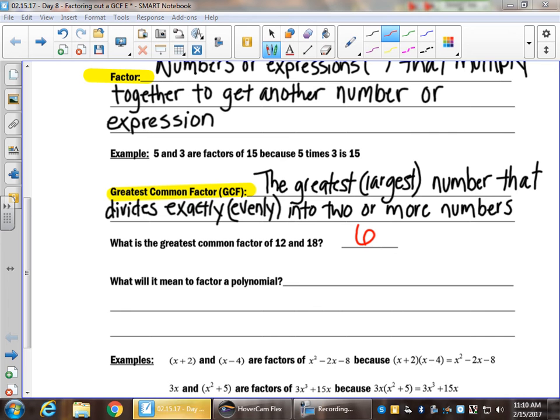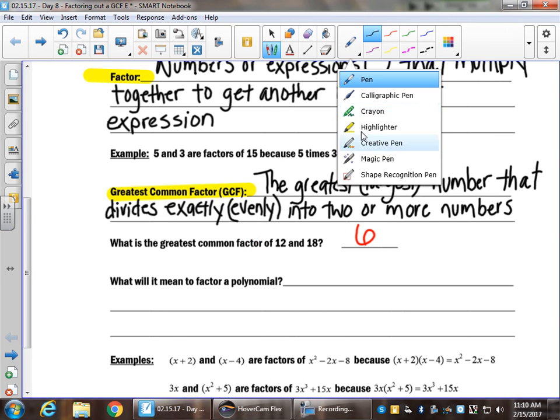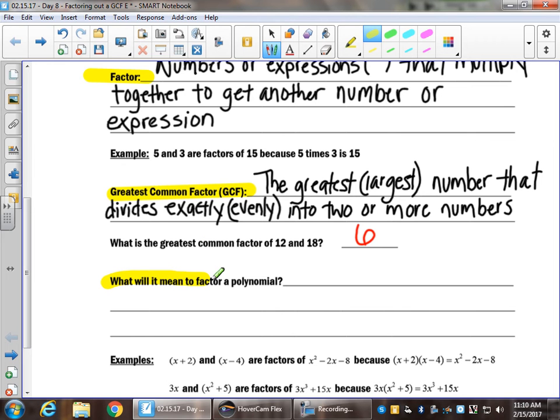What will it mean to factor a polynomial? Highlight that.